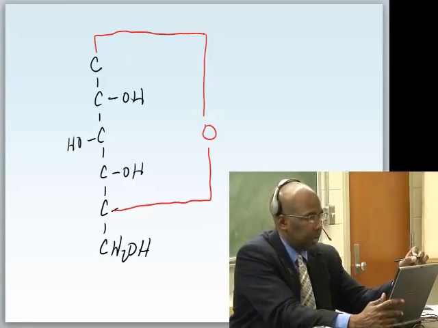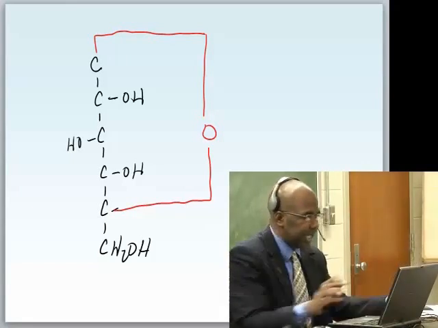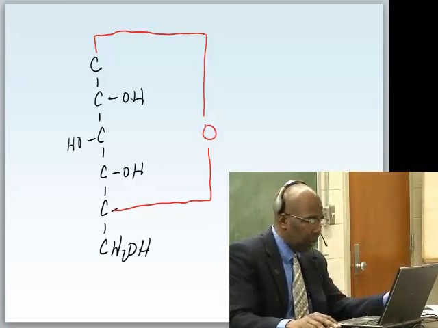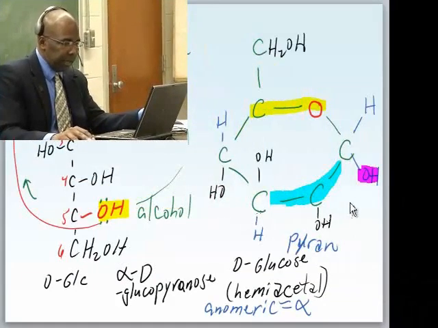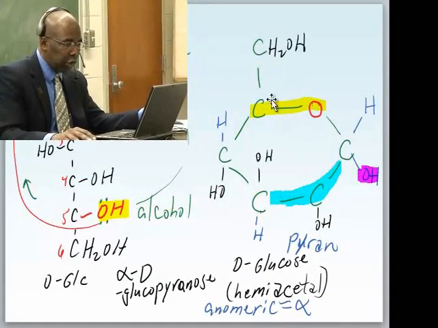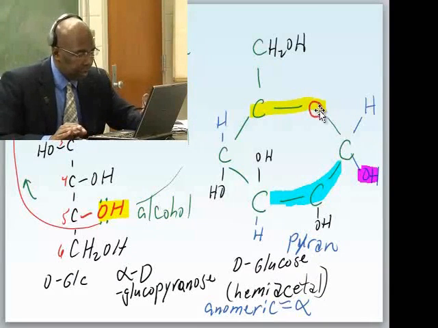So when you build that real bond, it's usually the alcohol connects, no? Exactly. Let me see if I can find the pyranose form of glucose here on a previous slide. Okay, here it is. Now here is glucopyranose. This red oxygen here, that's the bond.